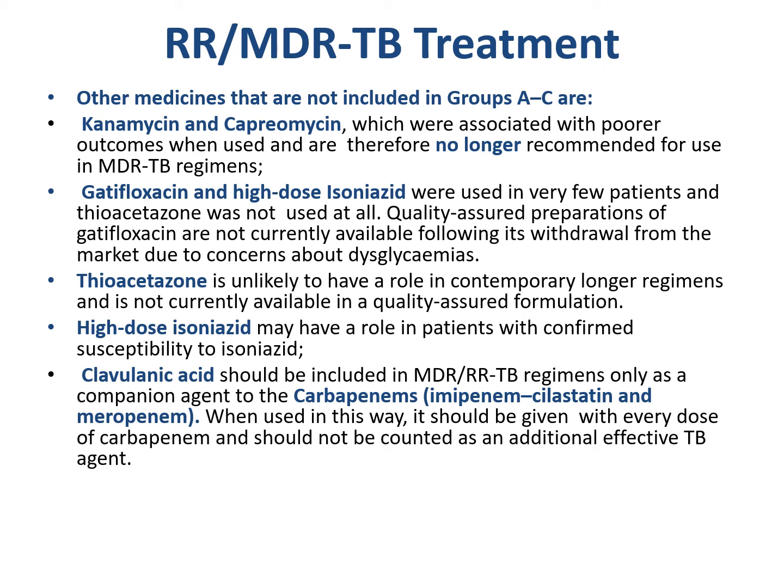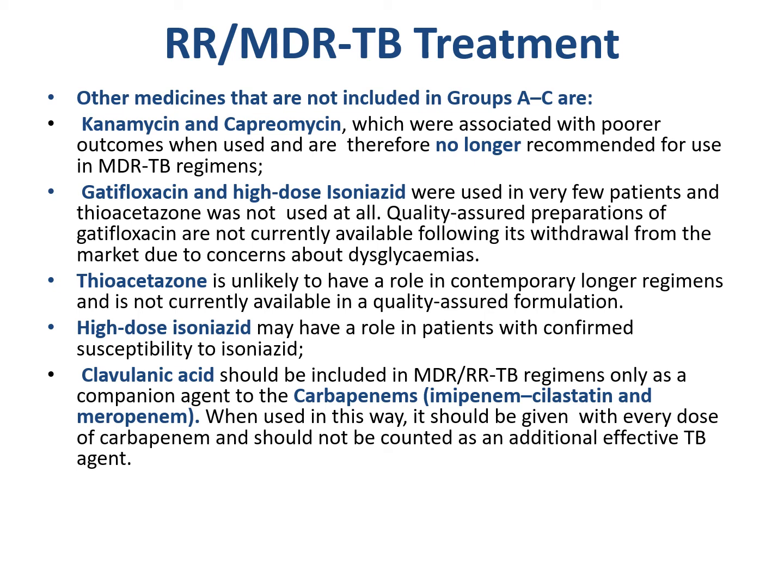Quality-assured preparations of gatifloxacin are not currently available following its withdrawal from the market due to concerns about dysglycemias. Thioacetazone is unlikely to have a role in contemporary longer regimens and is not currently available in a quality-assured formulation. High-dose isoniazid may have a role in patients with confirmed susceptibility to isoniazid.